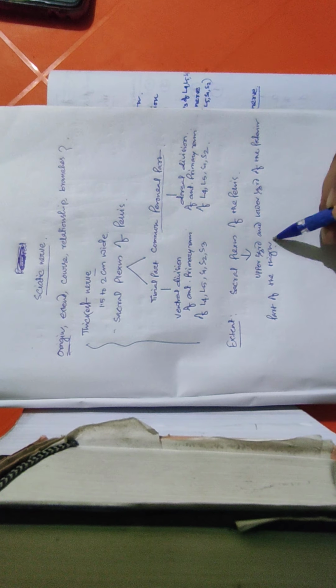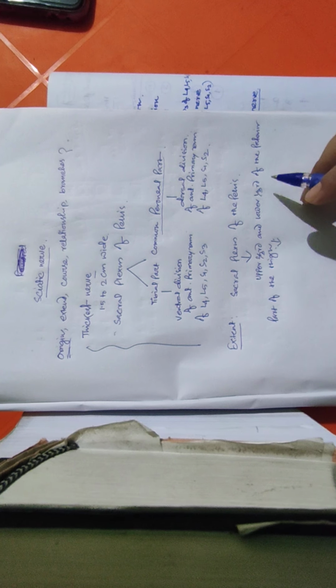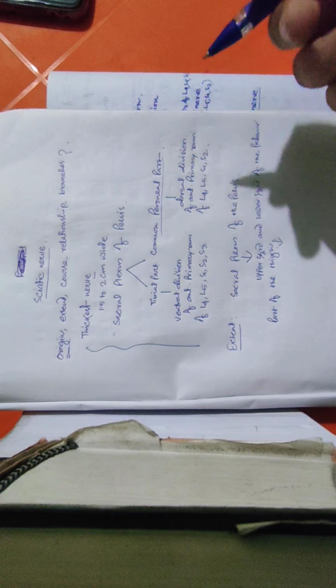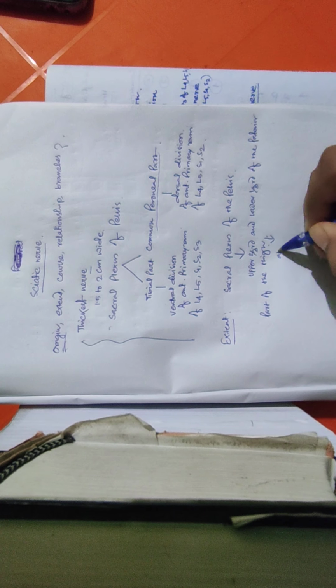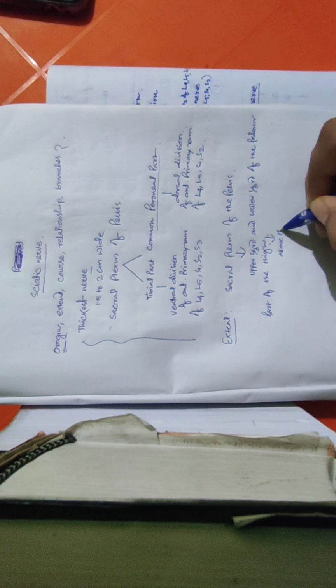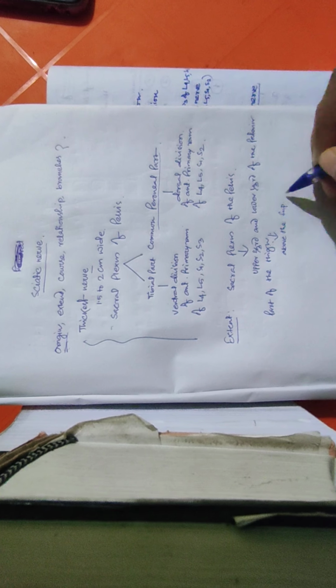And this part is called the point above the superior angle of the popliteal fossa.